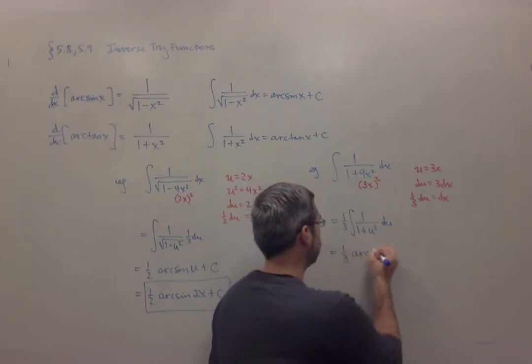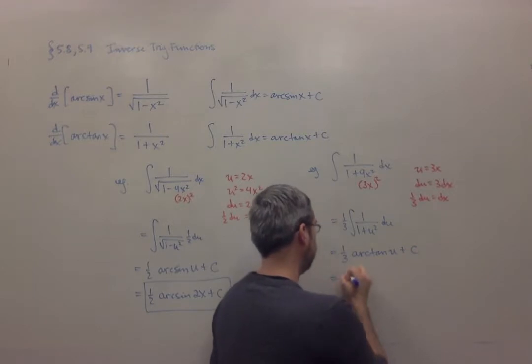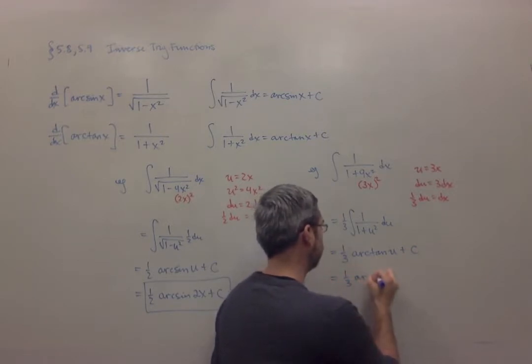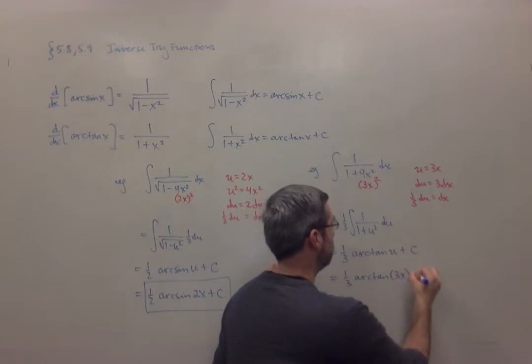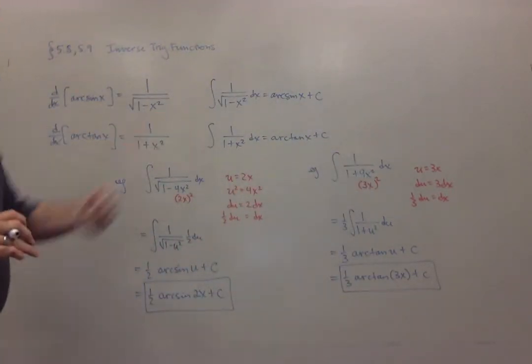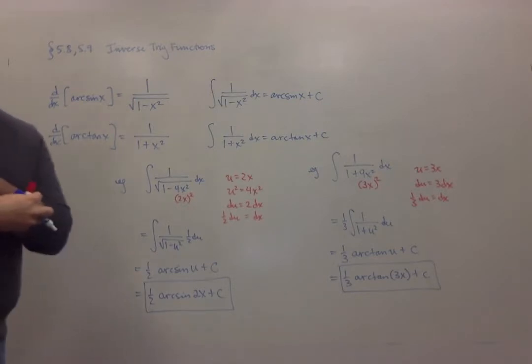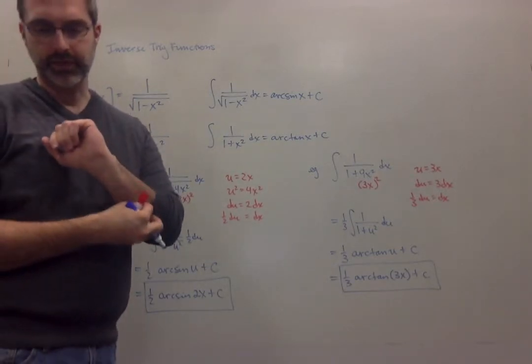So this is arctangent of u, and then I just sub back in. Okay, u is 3x. Okay, so if you see things that are really close to your arcsine or arctangent, you can do a u substitution to get them exactly where you want them to be.